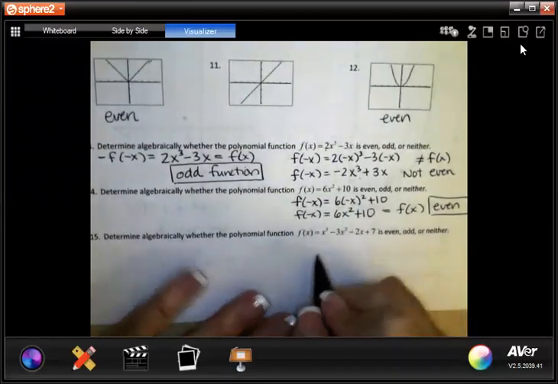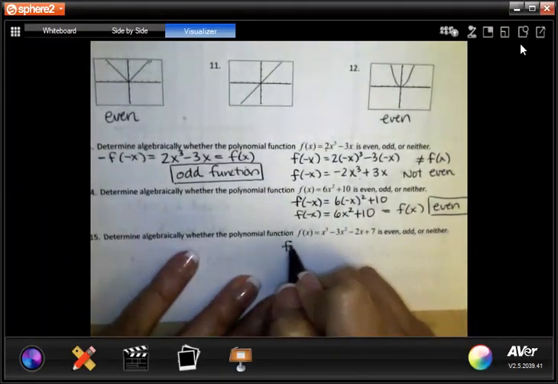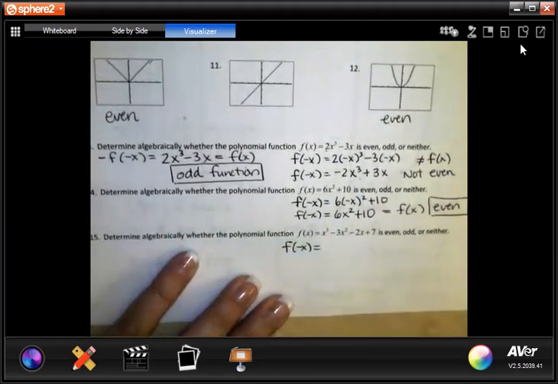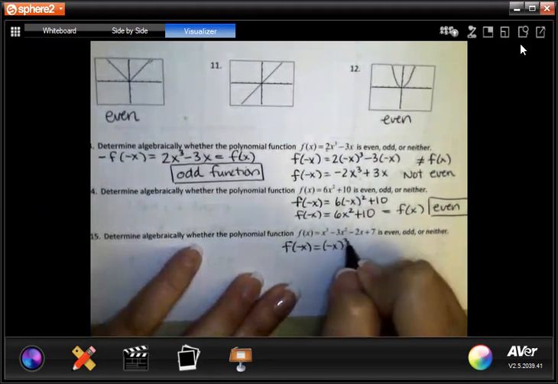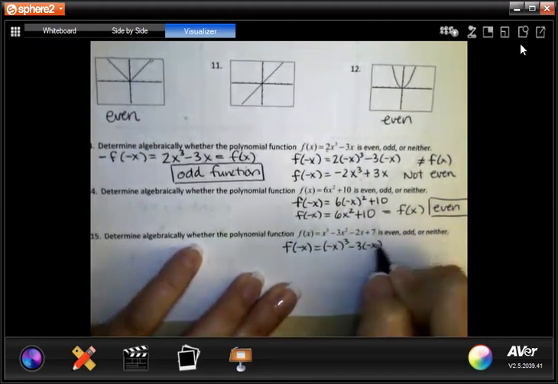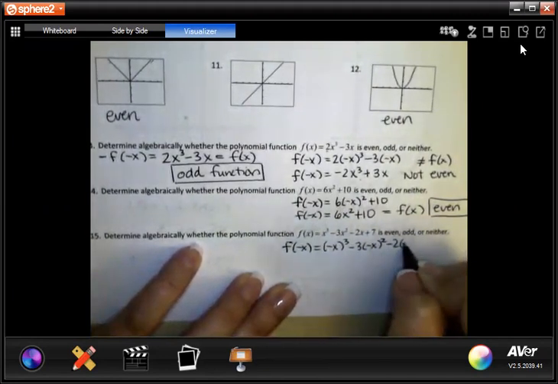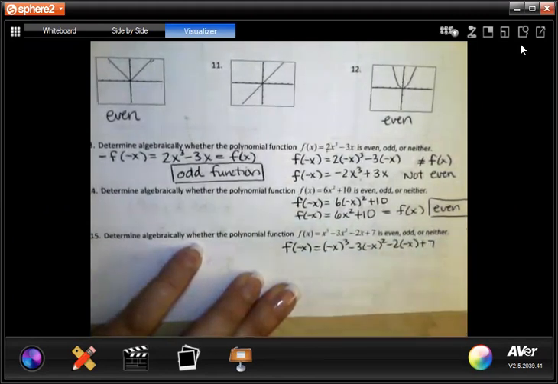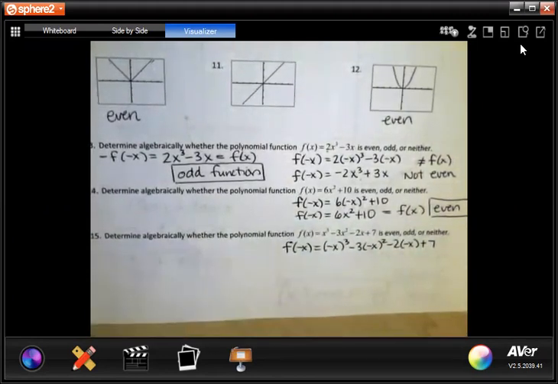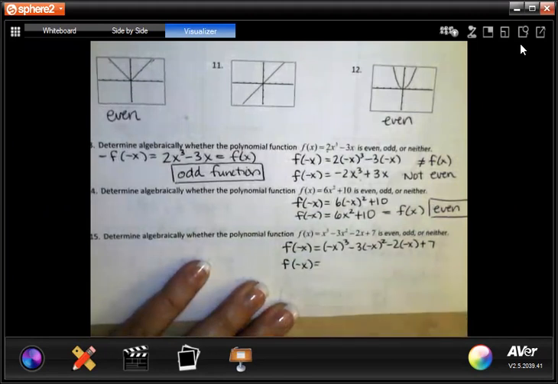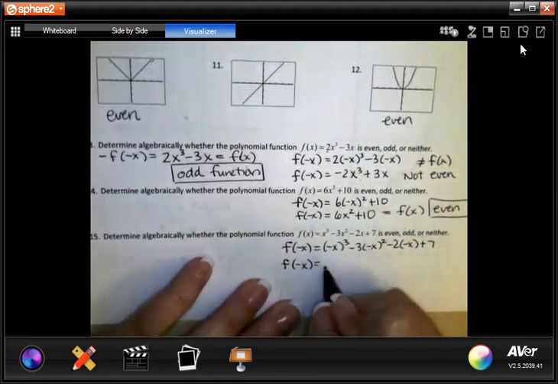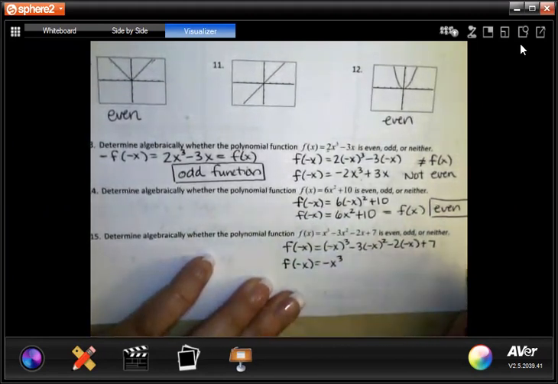All right, we'll try one more. I check that reflection across the y to test to see if it's even. I get negative x cubed minus 3 times negative x squared minus 2 times negative x plus 7. So I have changed each one of those for a negative x. That is going to give me a negative, so we get negative x cubed.